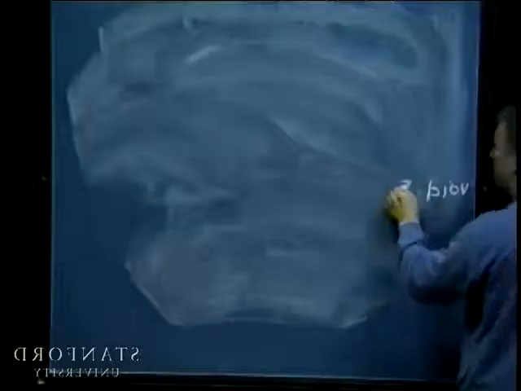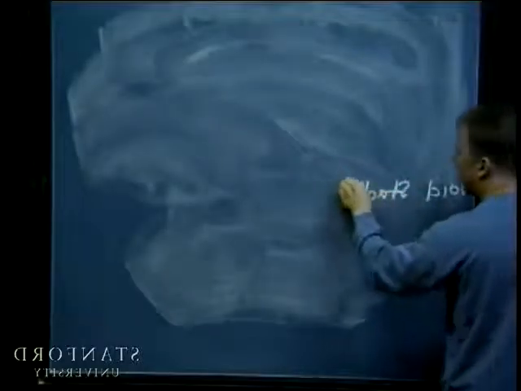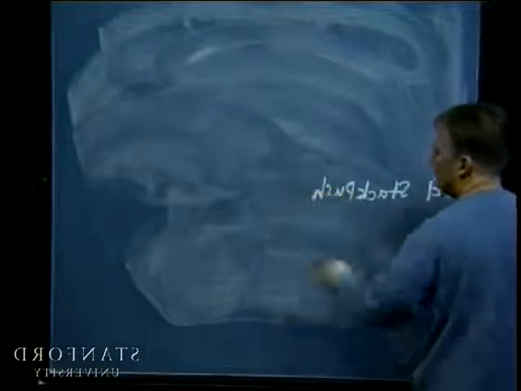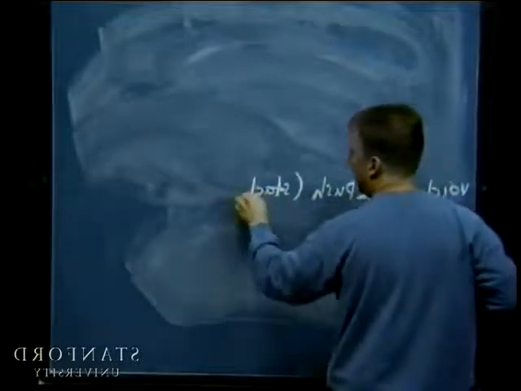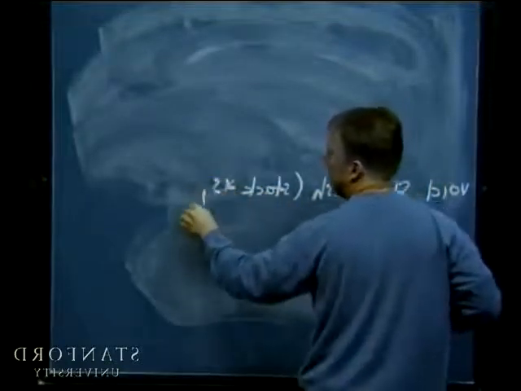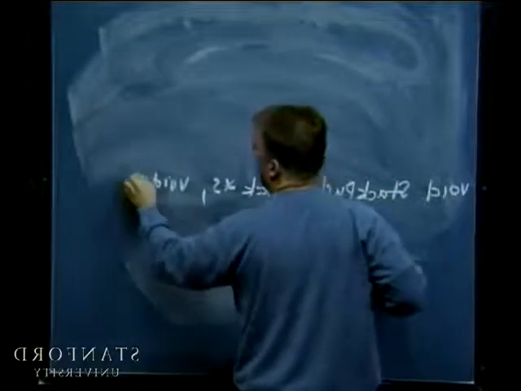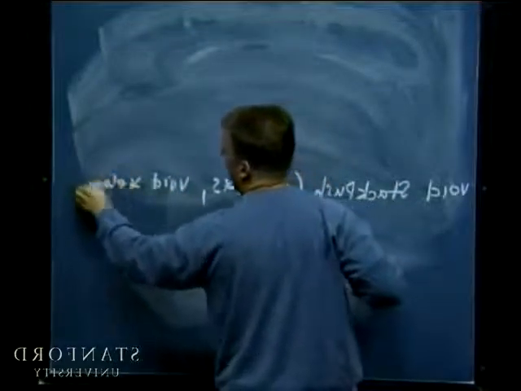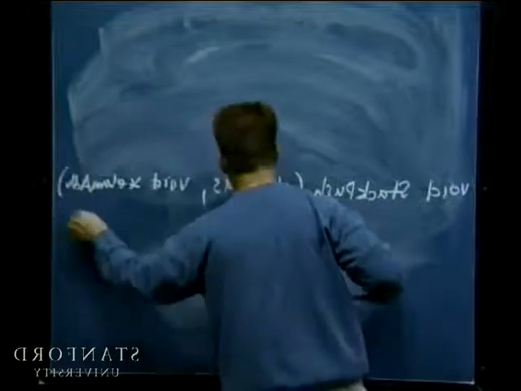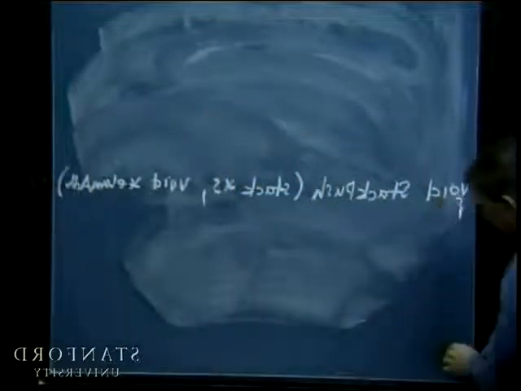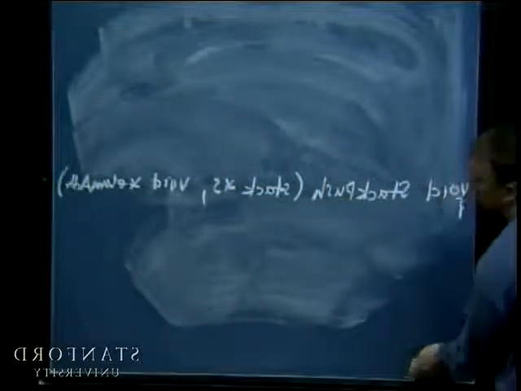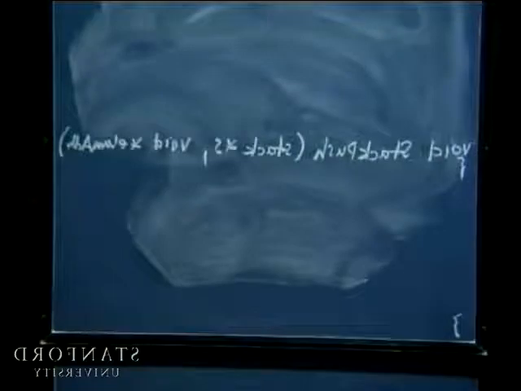Void stack push, stack asterisk S, void star elem address. I'm going to simplify the implementation here a little bit by writing a helper function. I could have written the helper function in the int-specific version, I just didn't.